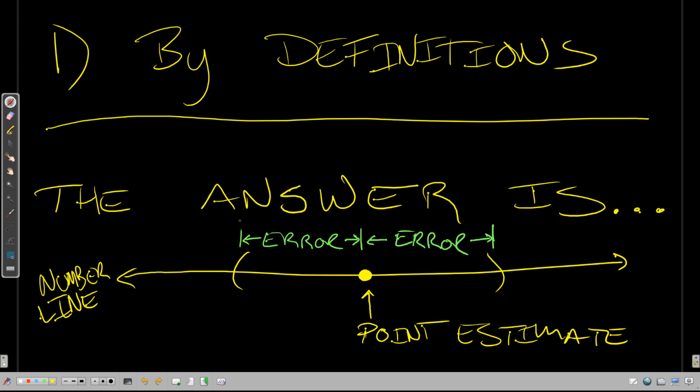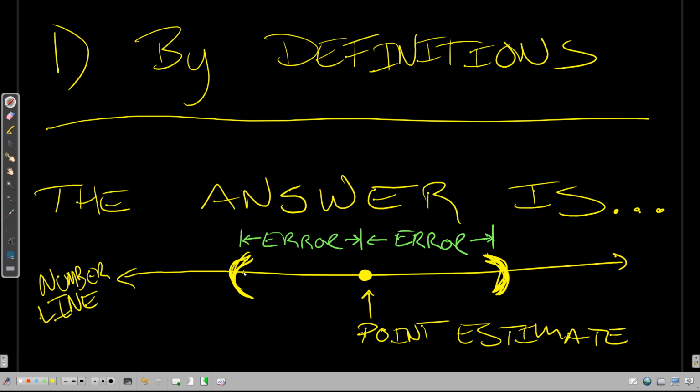And you can see that on either side of the point estimate, we have this error. So from the point estimate, go this direction by the error, and then go this direction by that same quantity, the error. And where will you arrive? You will arrive right here at the limits, at the edges of our confidence interval.